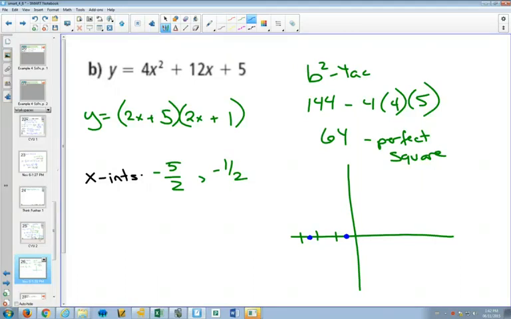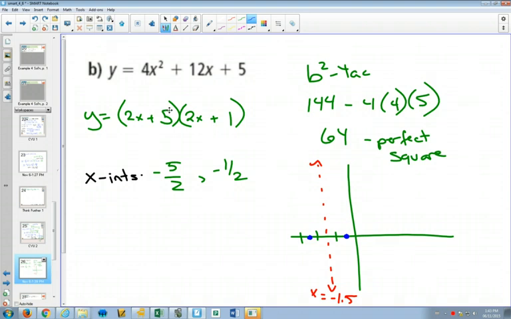And maybe you can see it directly from the graph that the axis of symmetry is right here at negative 1.5. If you can't see that directly from the graph, you can add those two up, right? Negative 5 over 2 plus negative 1 over 2 gives us negative 6 over 2, which is negative 3. The average then, cut it in half, and you get negative 3 over 2, which is negative 1.5.